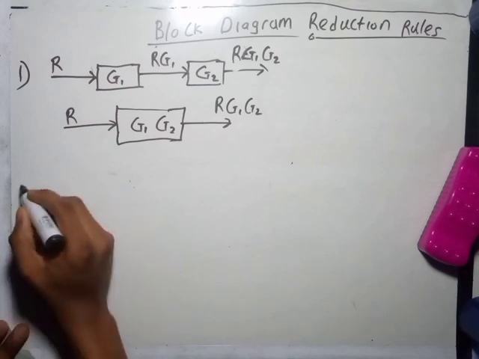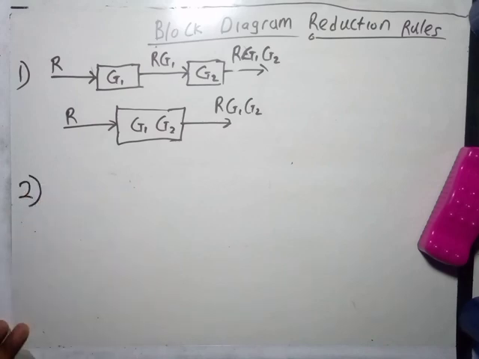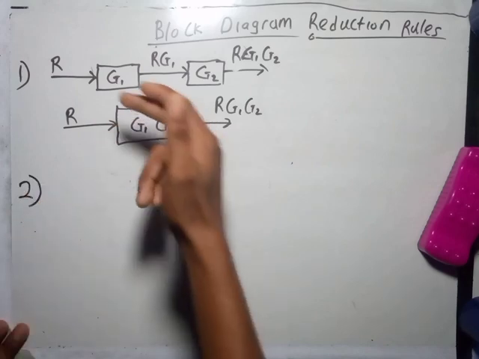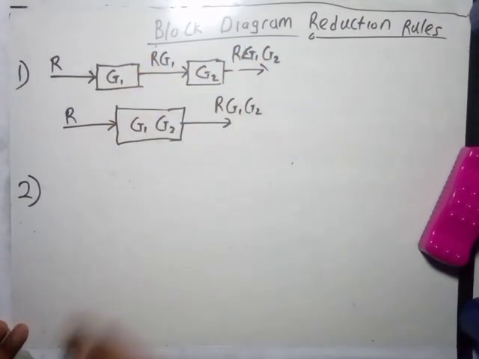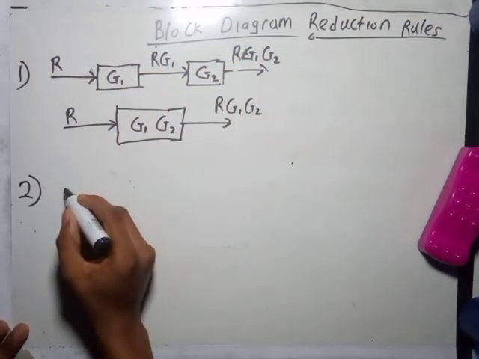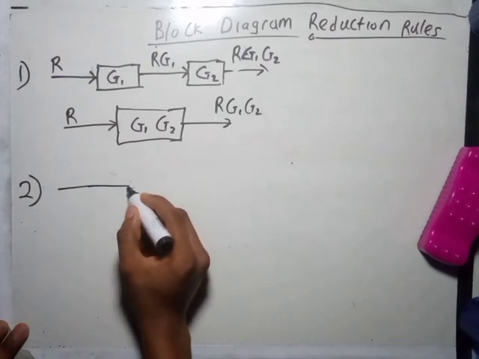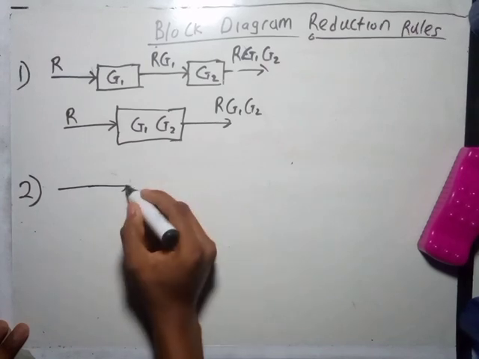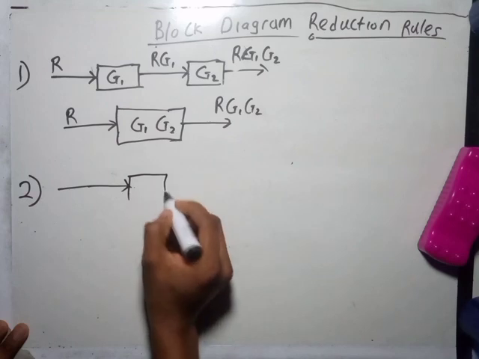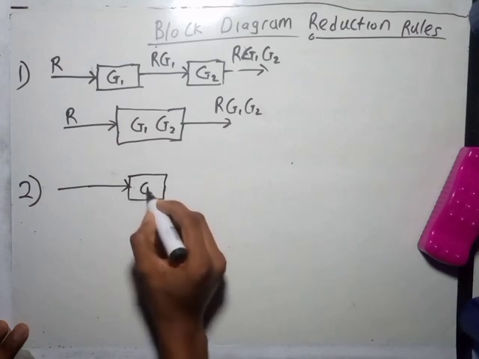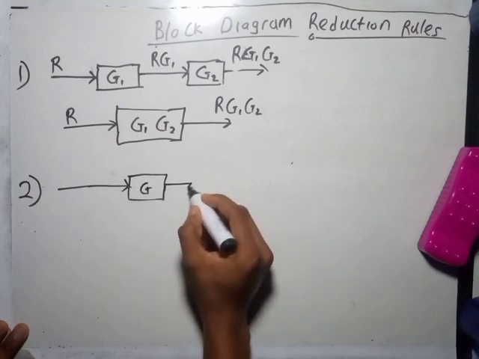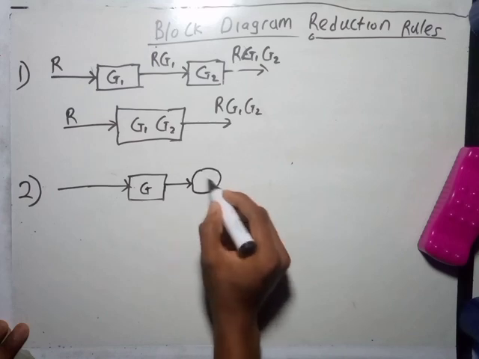Another rule that we should also look at is that of the parallel connected transfer functions. So let's say we have our transfer function G connected to our summing points.